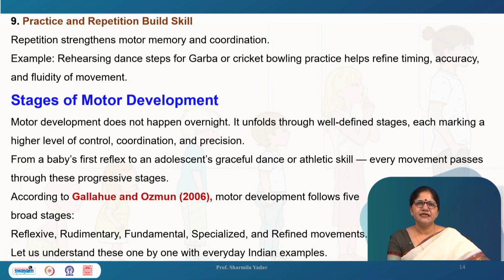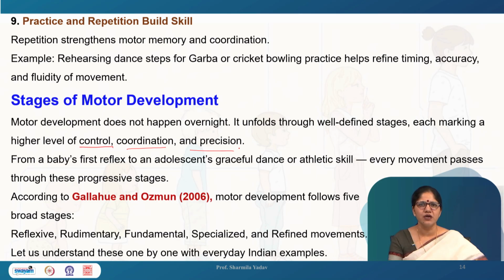Now, let's see the stages of motor development. Motor development doesn't happen overnight. It unfolds through well-defined stages, each marking a higher level of control, coordination, and precision. From a baby's first reflex to an adolescent's graceful or athletic skill, every movement passes through these progressive stages.